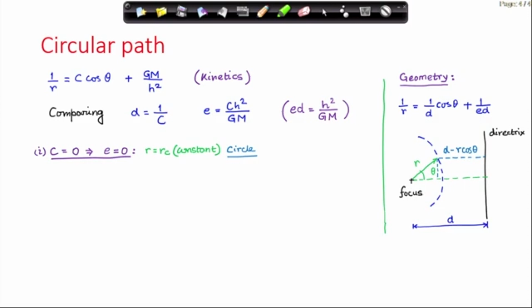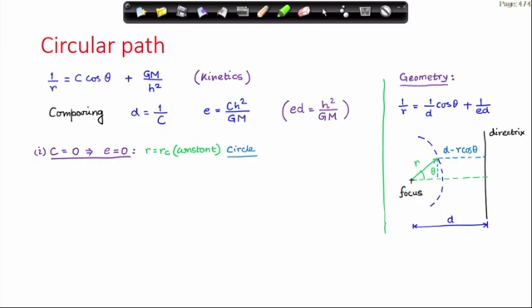Now, what happens when E is equal to 0? C equal to 0 implies E equal to 0. In that case, you will find that the radial coordinate essentially remains constant. It is no longer a function of theta. If the radial coordinate is no longer a function of theta, it means that it is a circular path.